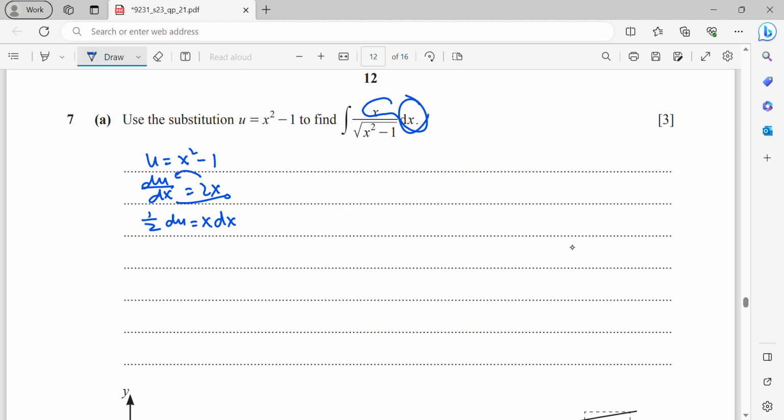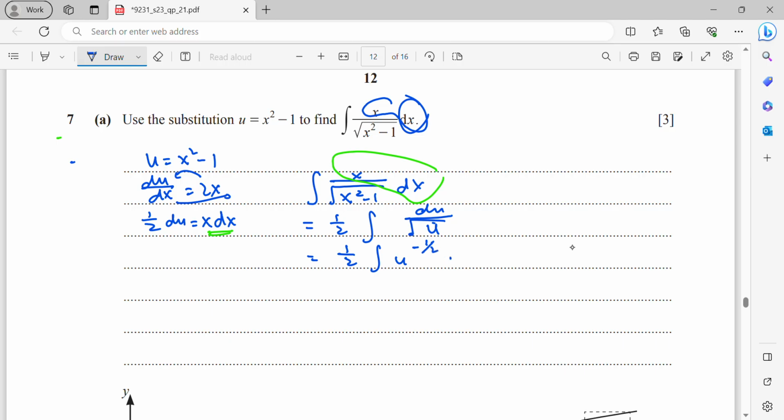Now my integration of x over square root of x squared minus 1 dx, look at here, x dx I will change to half du. So it will be half integrate du over square root of u. I will bring up the square root, so it will be half integrate u to the power negative half du.